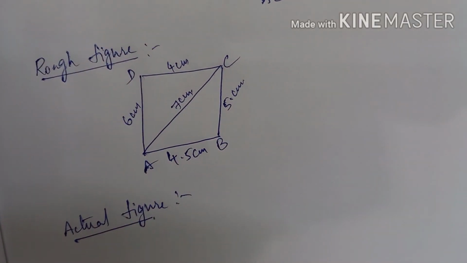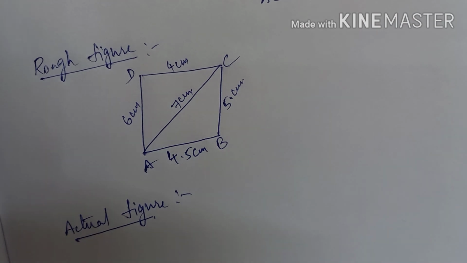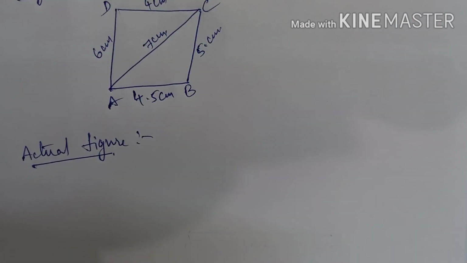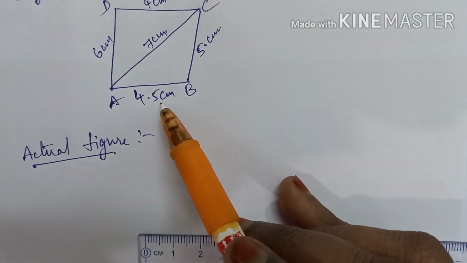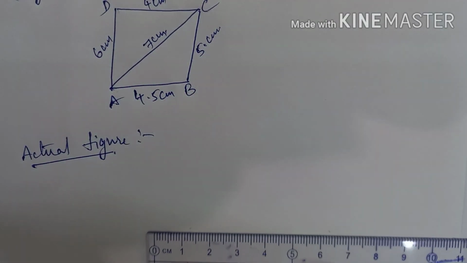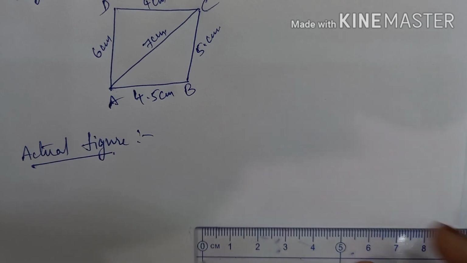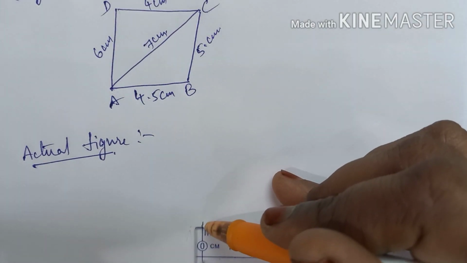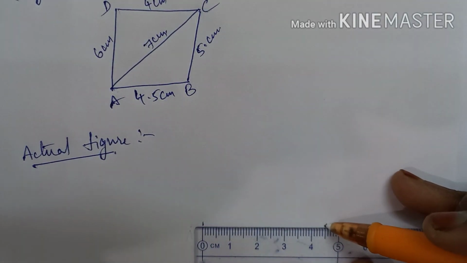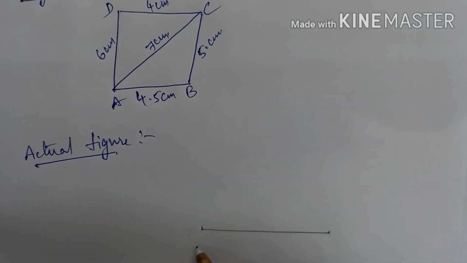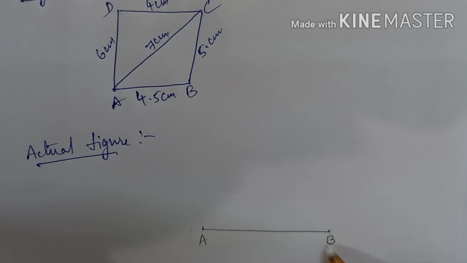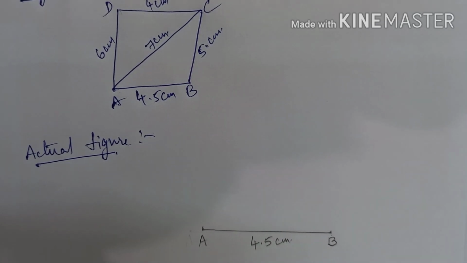How we draw actual figure? Now draw the line segment AB 4.5 centimeters. So take the ruler and mark 4.5 centimeters. So draw the line segment AB 4.5 centimeters.